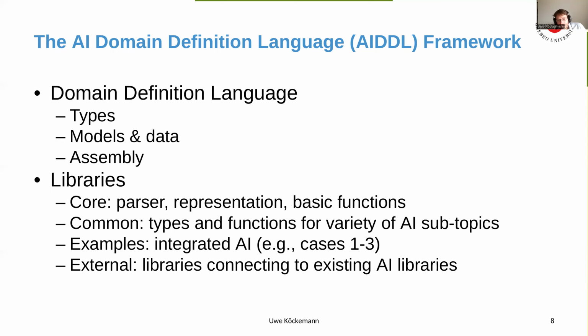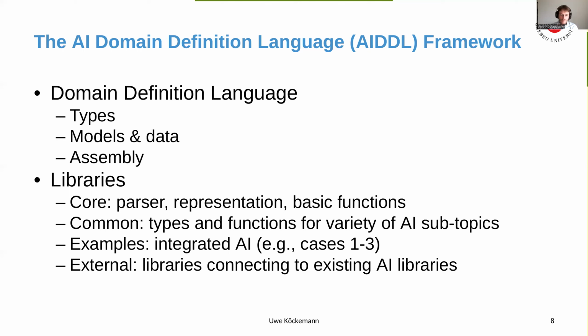Now, for this, I came up with the AI Domain Definition Language framework, which is both a domain definition language, which can be used to define types, models, and data, and this kind of assembly of systems, as we have seen earlier, and a set of libraries. A core library, which can parse the language, covers the basic representation and basic functions, and gives you some infrastructure to work with.